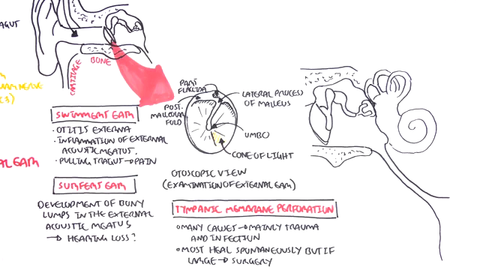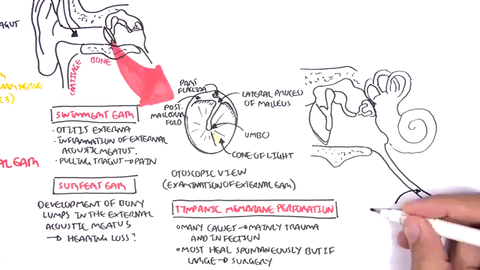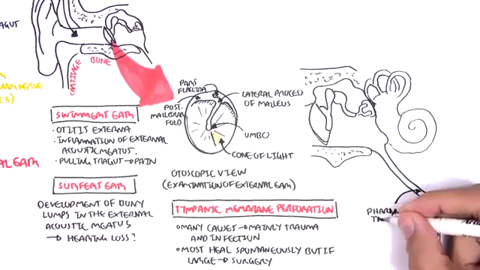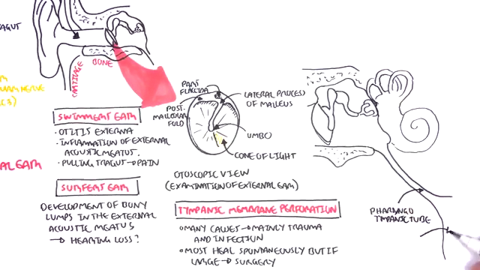And here is your pharyngotympanic tube, which will connect to the nasopharynx. And the pharyngotympanic tube is important because it equalizes pressure within the middle ear and the outside world.